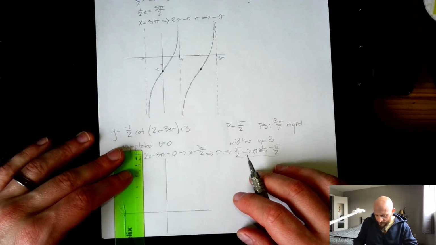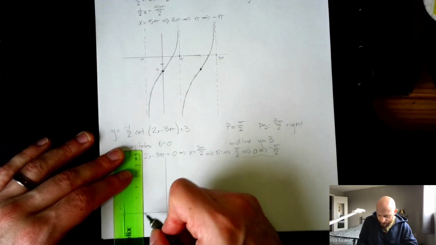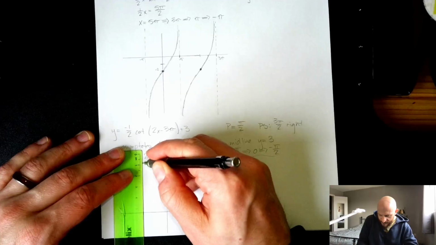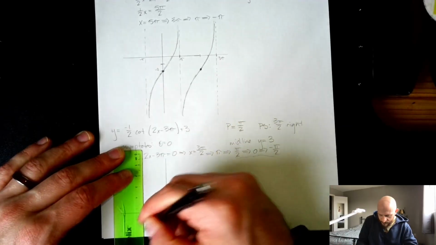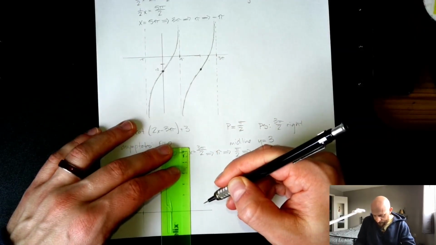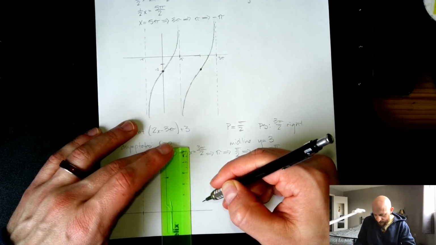So let's see here, give myself enough room. I'll say this is negative pi over 2, and then 0, and then over here, positive pi over 2.